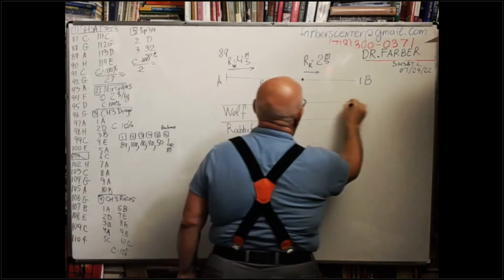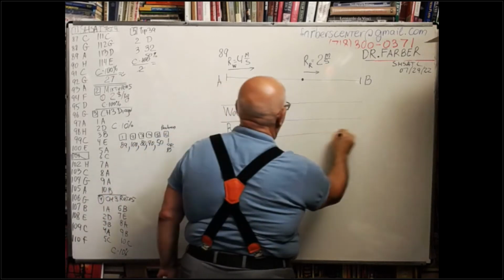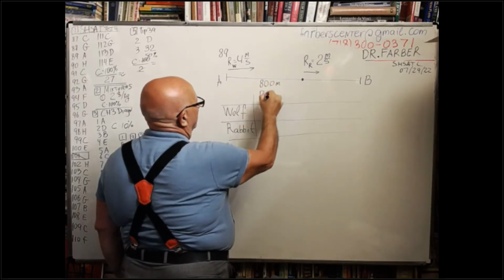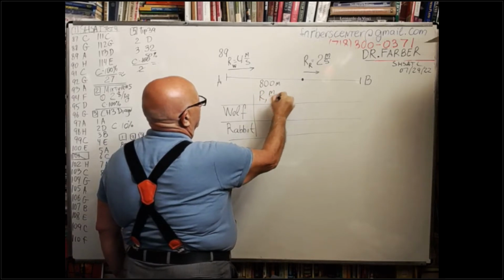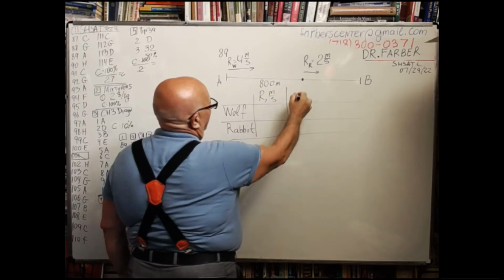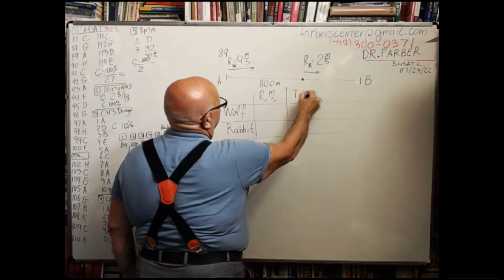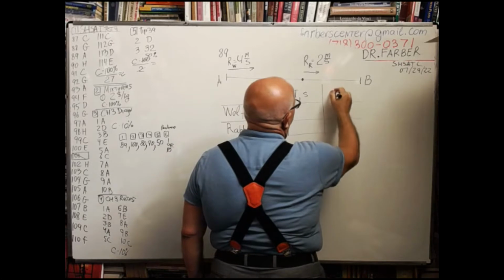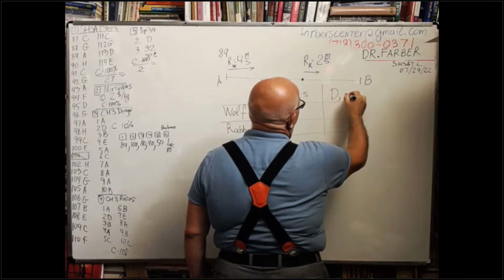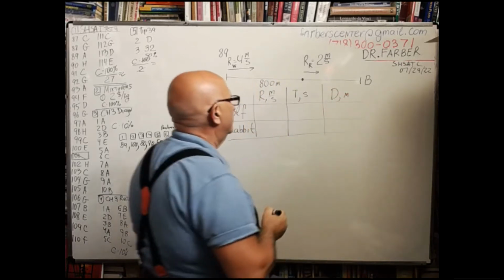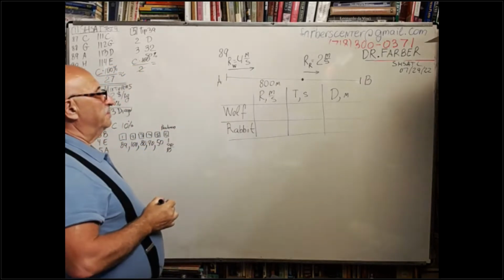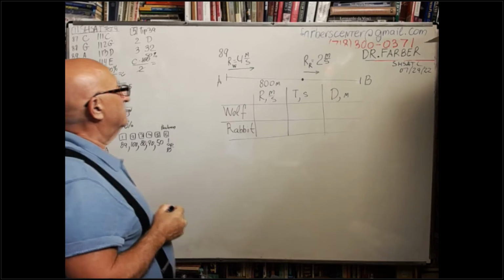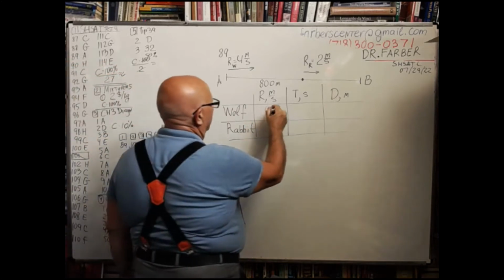We have two objects and properties of them: rate in meters per second, time in seconds, and distance in meters. This is step number 2. The next step, incorporate data into this matrix. This is 4 and this is 2 respectively.